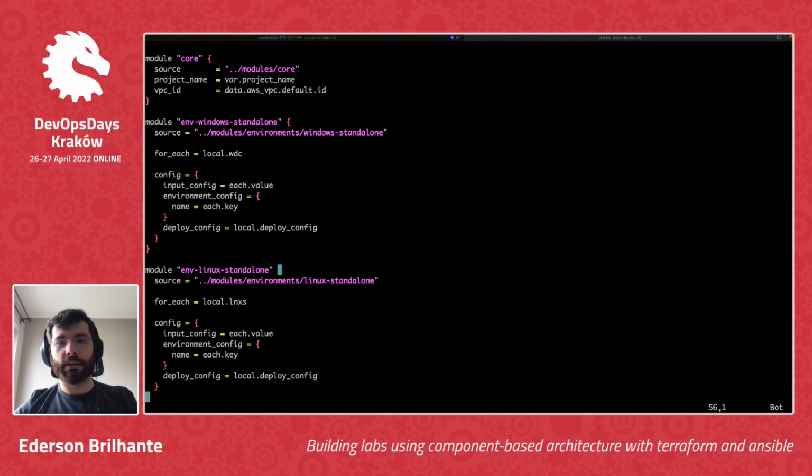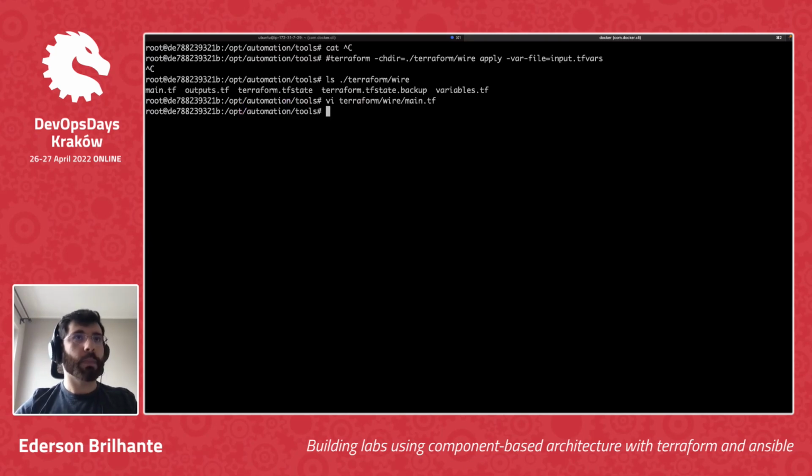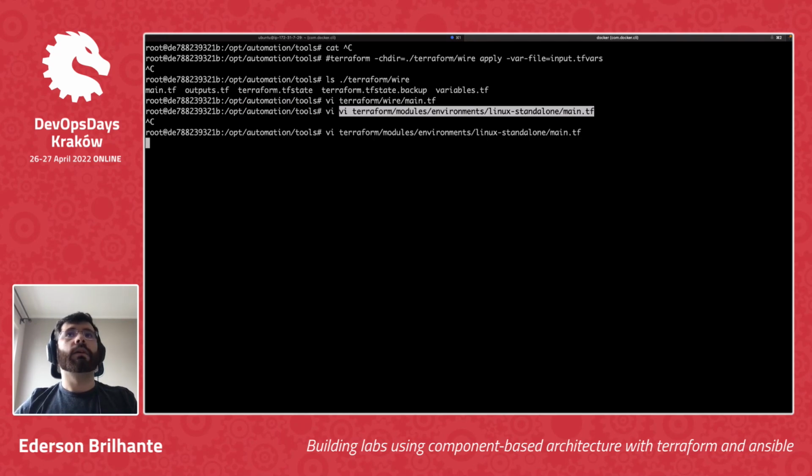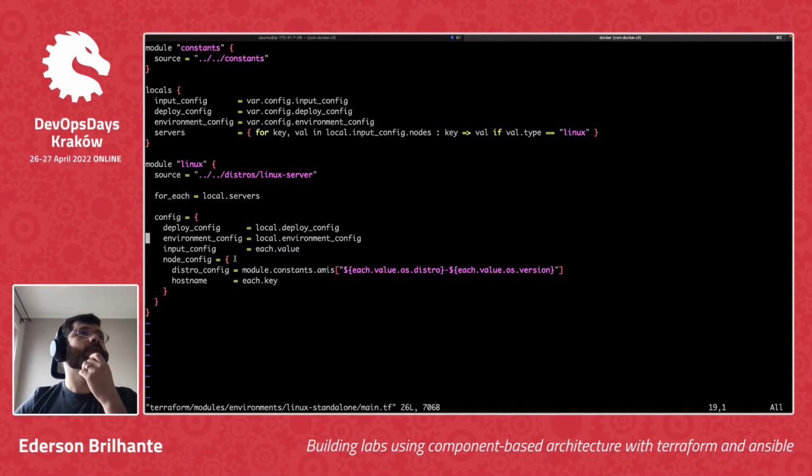So let's see what's happening. We are passing here some configurations from the input file, and the name of the environment and the deployment configs like security group and other constants that we need for this lab. And in this environment, we are also filtering the role Linux.